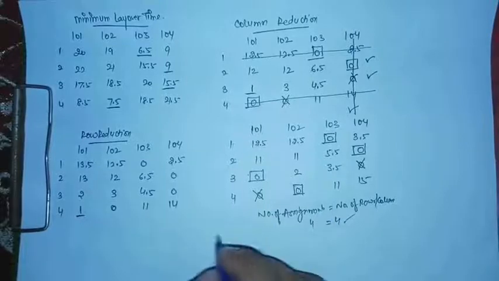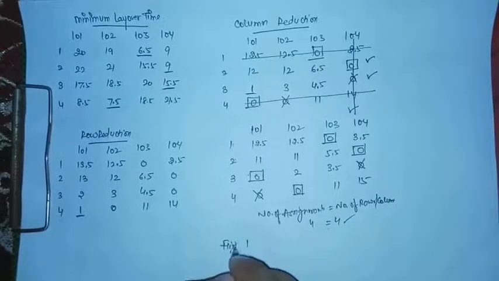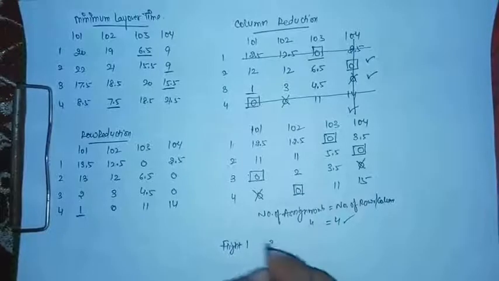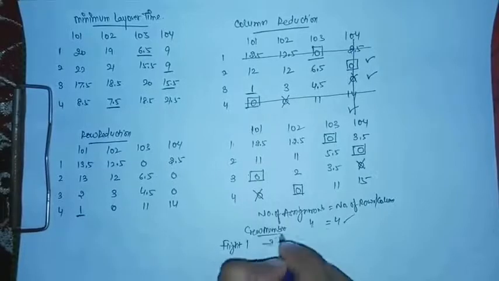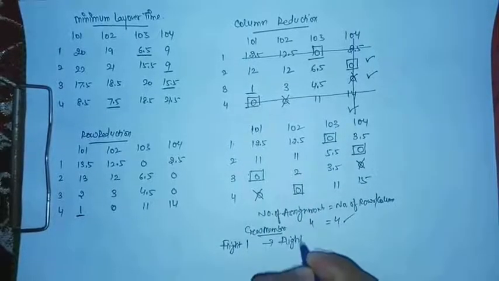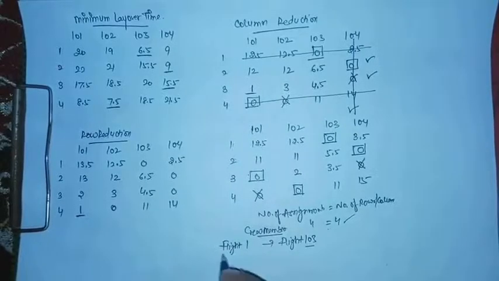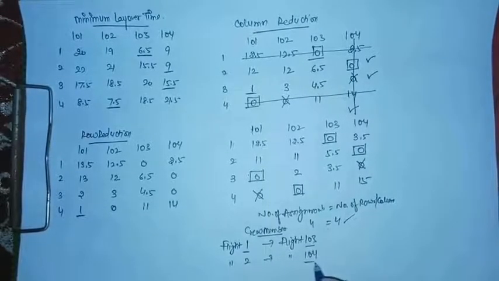And how to write this solution? Crew members of flight number 1 will be assigned to flight number 103. Similarly, flight number 2's crew members will be assigned to flight number 104.